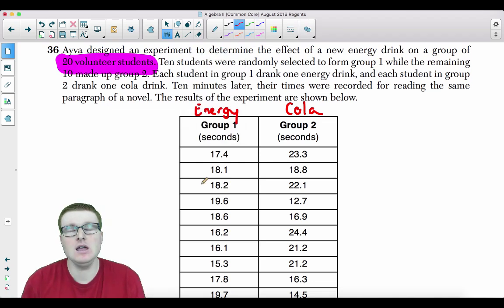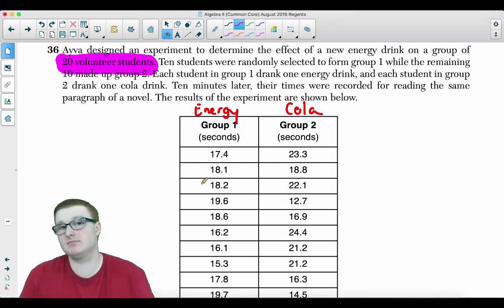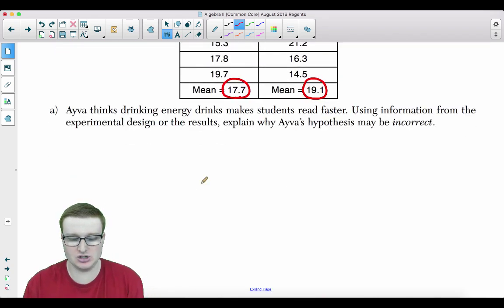Now, in order to show statistical relevance, you need a bigger sample size. You cannot have just 20 people and call it a day and say, all right, clearly energy drinks have an impact on reading speed. You need to survey like a couple hundred people to get an accurate representation of energy drinks. So you could say the following.